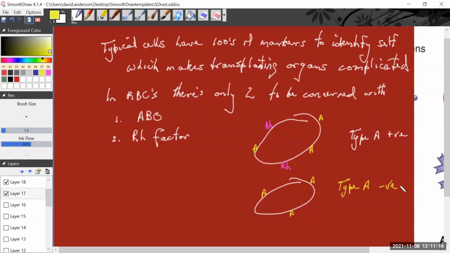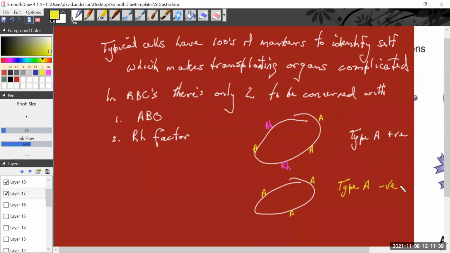So when a mom who's Rh negative carries a baby who's Rh positive for her first pregnancy, everything is normal, but mom now has had an exposure to Rh positive, which means she will now have antibodies to Rh for a second baby.